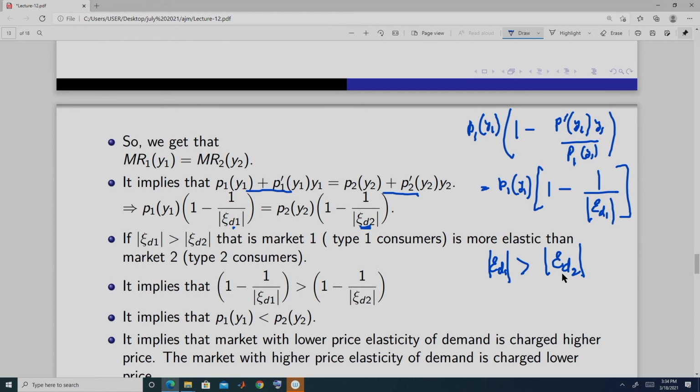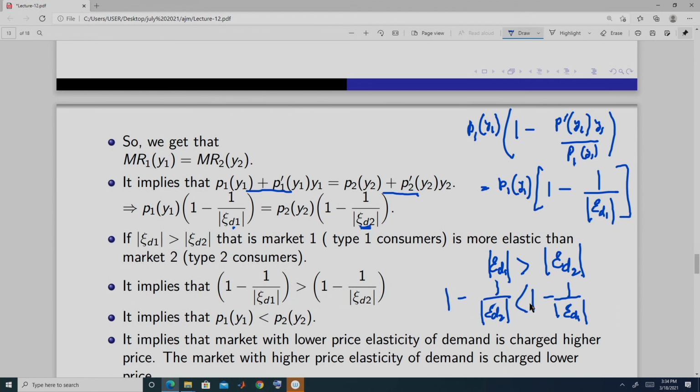Price elasticity in market 1 is more than price elasticity in market 2, and from here we know that this, then if we take the negative sign, we can write this.